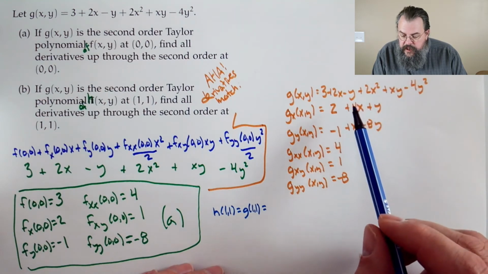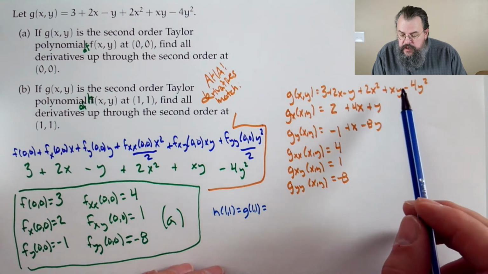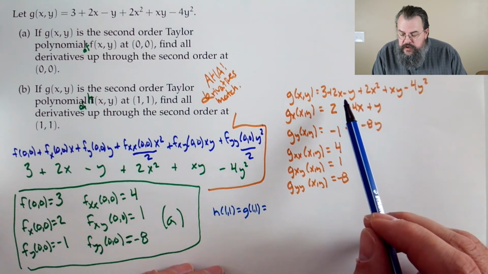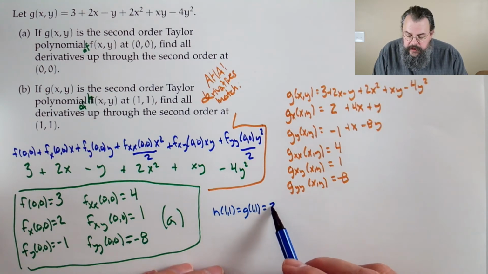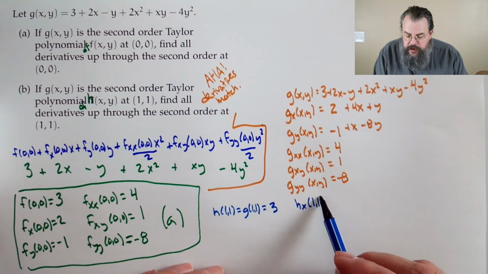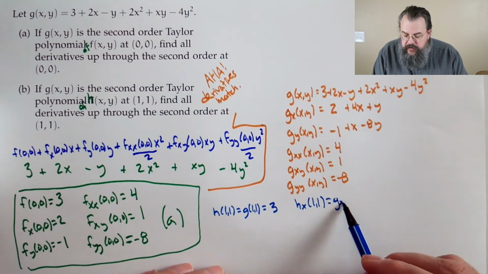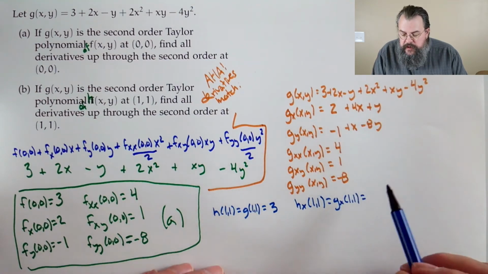Well, if you put that all together, for the plus part, 3, 2, 2, 1, that would get you up to 8. For the minus, it's 5. 8 minus 5 is 3. h sub x at 1, 1 is going to be g sub x at 1, 1. So you plug in 1. 2 plus 4 plus 1, 7.